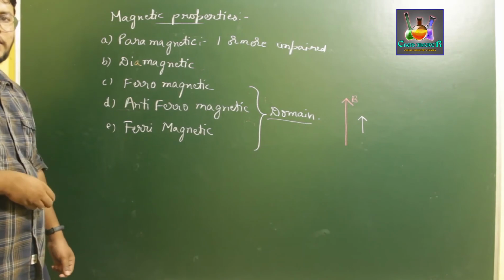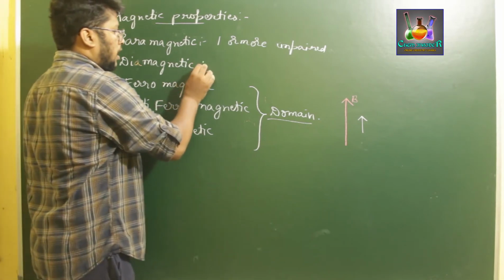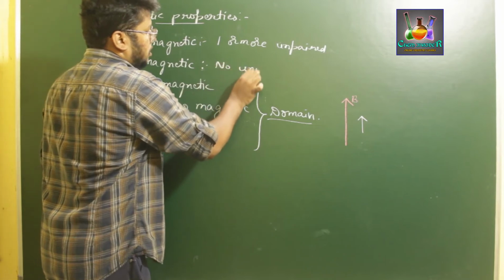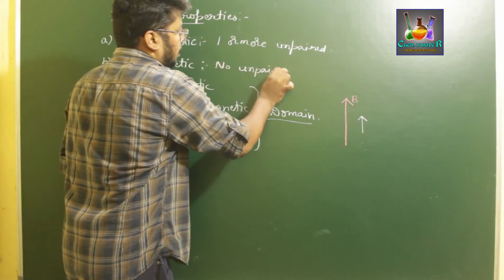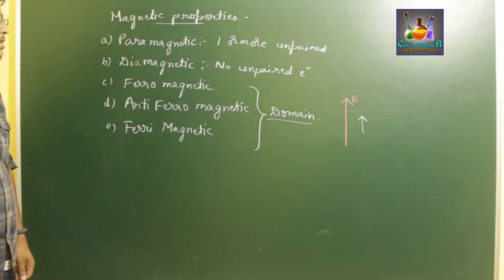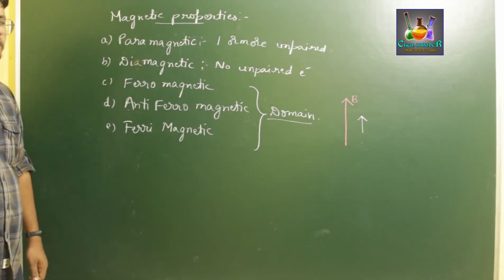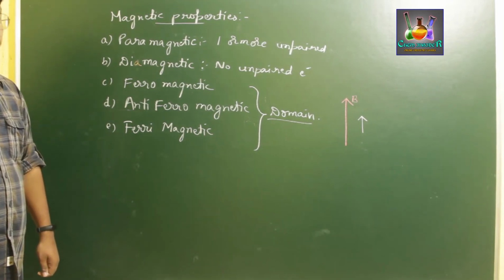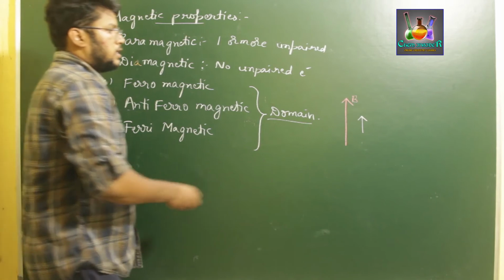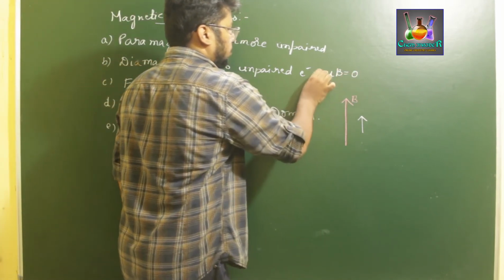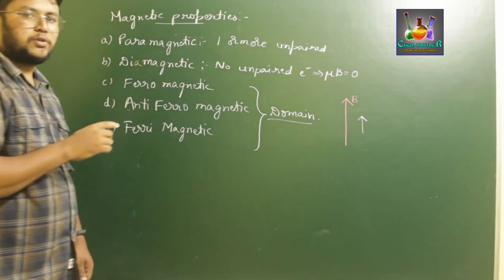But diamagnetic substances do not have any unpaired electrons. Since there are no unpaired electrons, there will be no alignment of electrons in the direction of the magnetic field. Therefore, diamagnetic substances have magnetic moment mu B equal to 0.